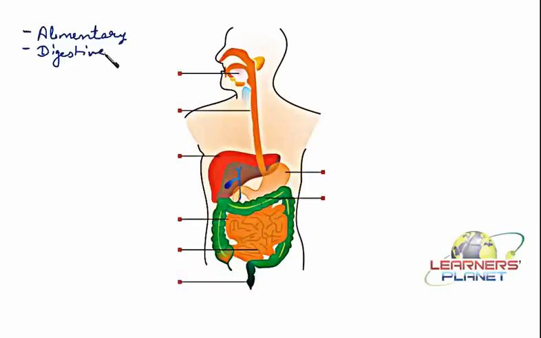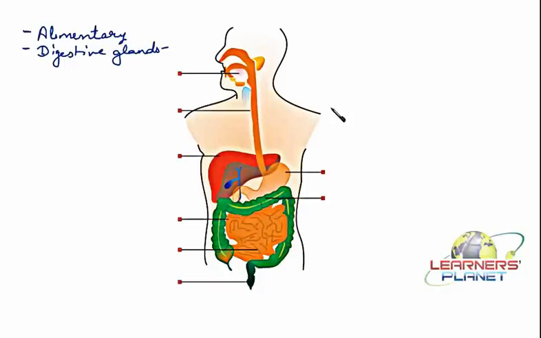These digestive glands are either located within the alimentary canal, or they are generally associated with the alimentary canal. This alimentary canal is a long tubular structure.